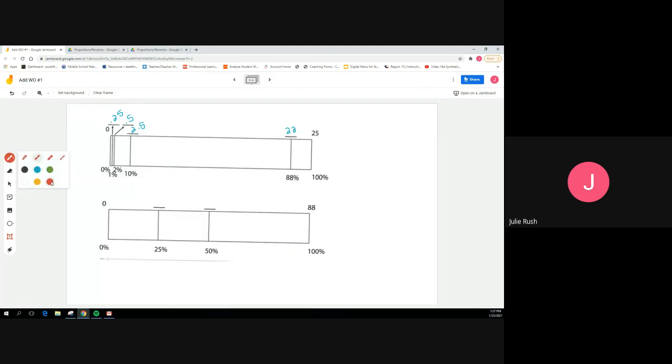And then our very last student, 0 and 0 lined up, and then 88 and 100. Okay, wait a minute. Where is the 25 as the total? Well, this person is looking for 88%.